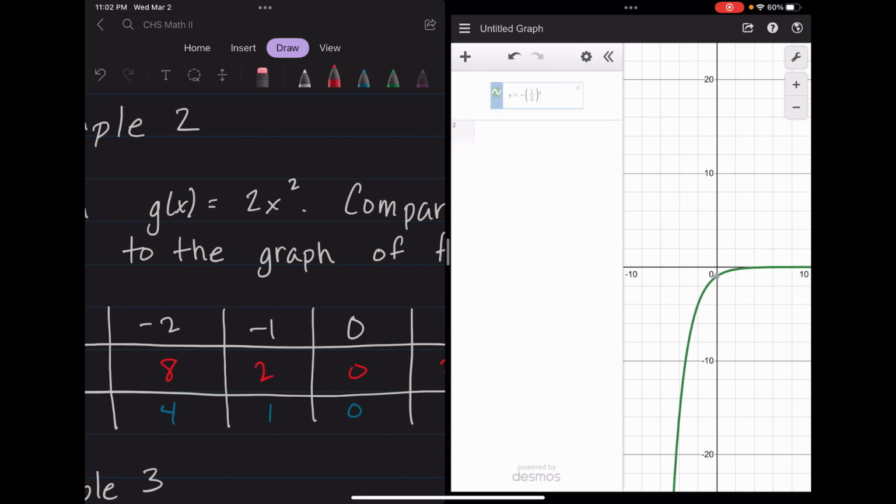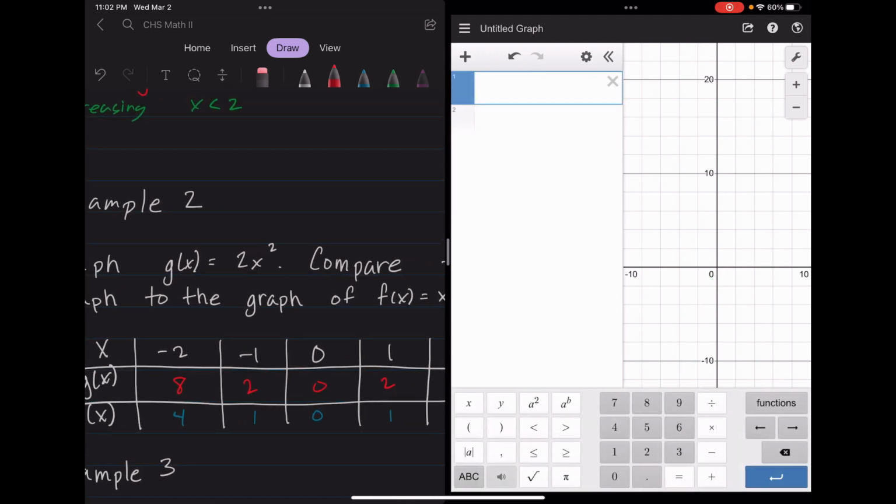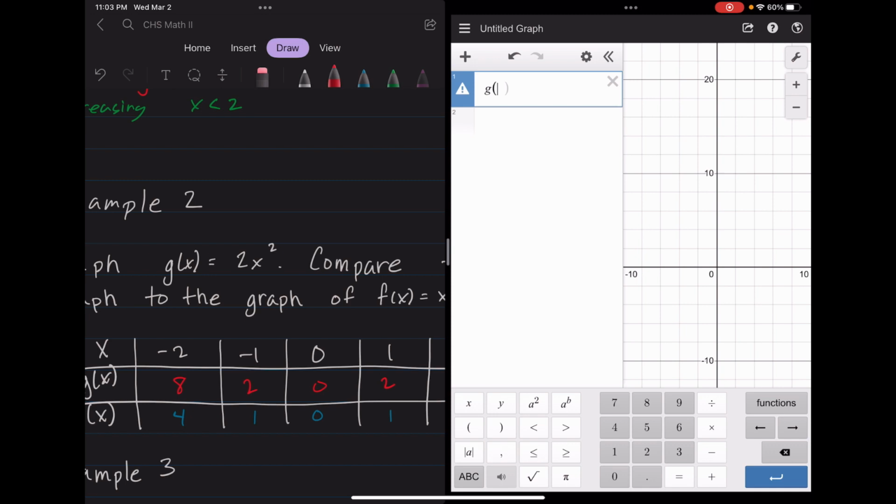Don't worry, I'm not going to make you do this for both our last two examples. All right, so if you're going to do this, we'll type in g of x equals 2x squared.